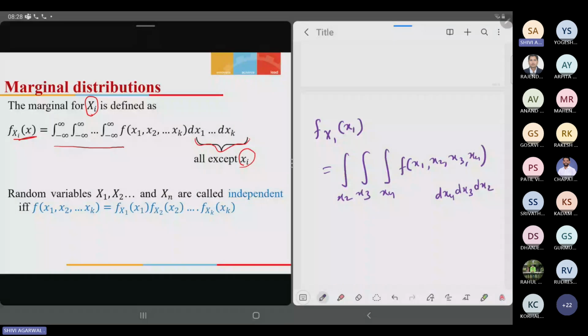So we are finding the marginal of X1. Similarly, you can find it for x2 and then x3.